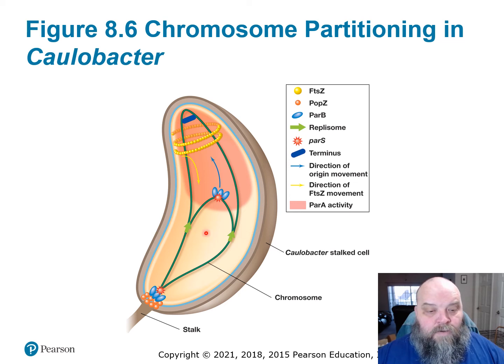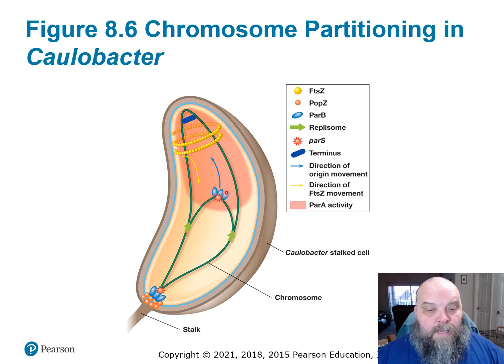The little arrows you see right here and here, this is your replication forks. So as the new chromosome is being made, you have here the terminus protein. It is being pulled right here, boom, boom, boom. Here's the new origin. There was the original origin.